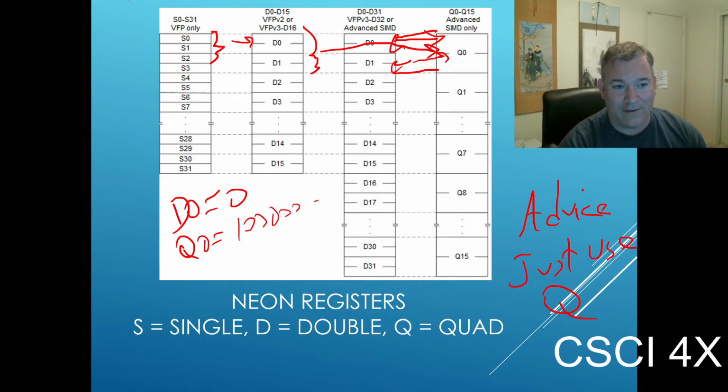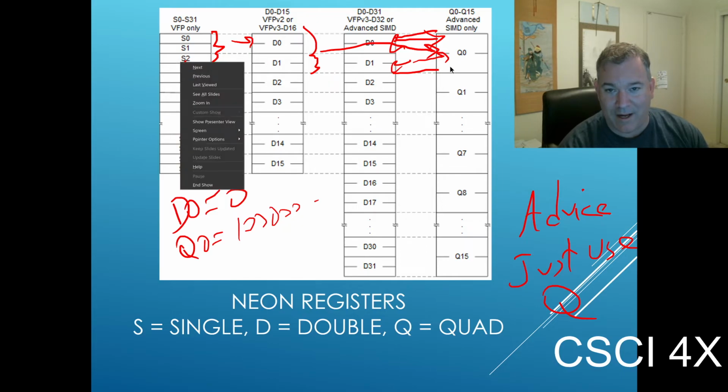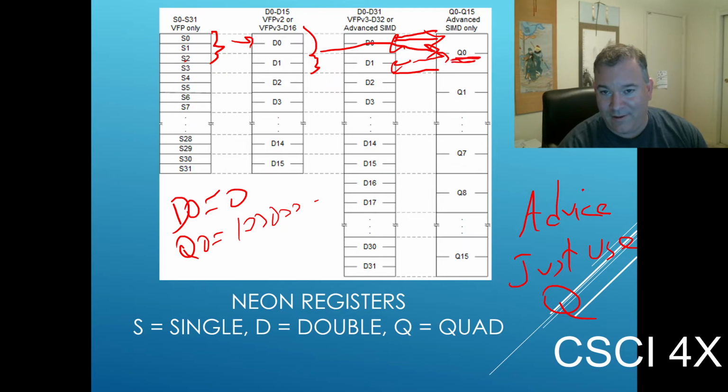And so if you were to write to like S2, that would actually modify this part of Q0. So my advice to you guys is just to ignore the S and the D registers for now, and just use Q. Okay? You guys understand? Like, it's the same chunk of memory. So you have the same register bank. It's just named different ways.